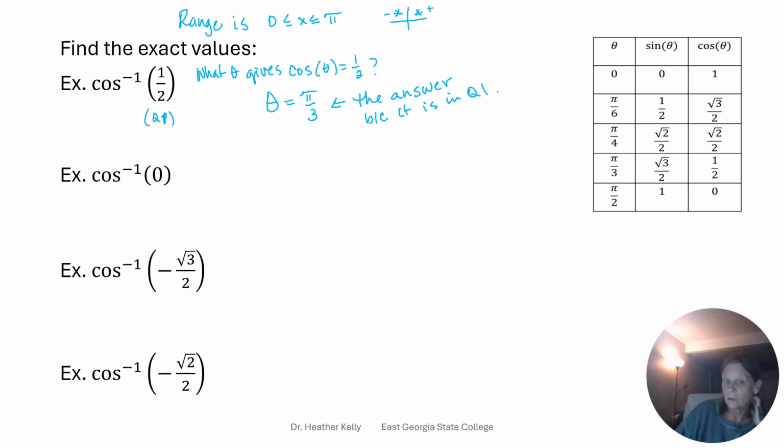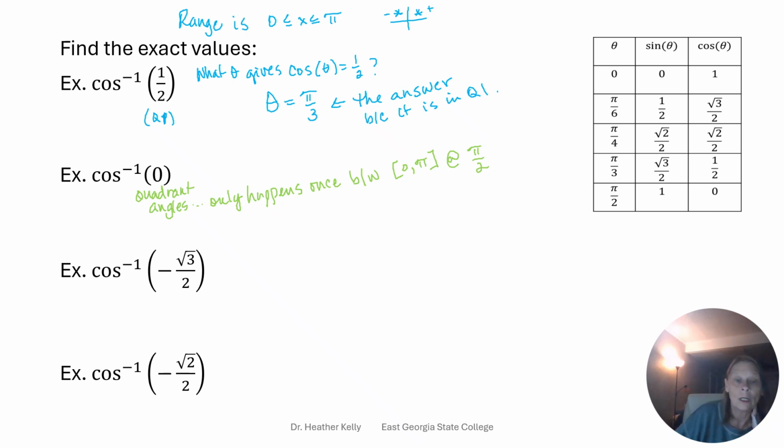Okay, let's look at the next one here. Arc cosine of 0. Okay, now that is one of those quadrant angles. And the quadrant angles means that it only happens once between 0 and pi at pi over 2.